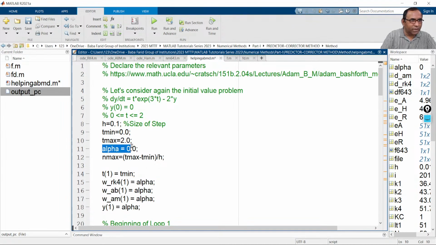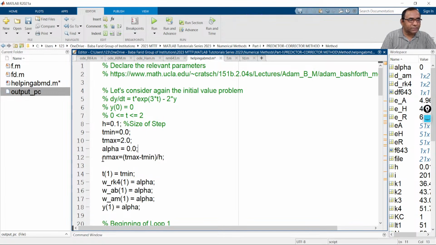Alpha is the initial given condition. You can see here the initial value we have is when T is equal to 0, Y is 0, so we are denoting this initial condition with alpha.